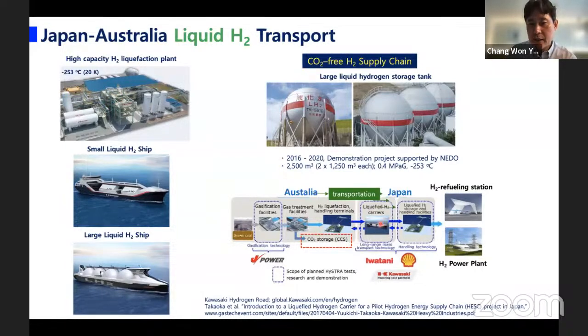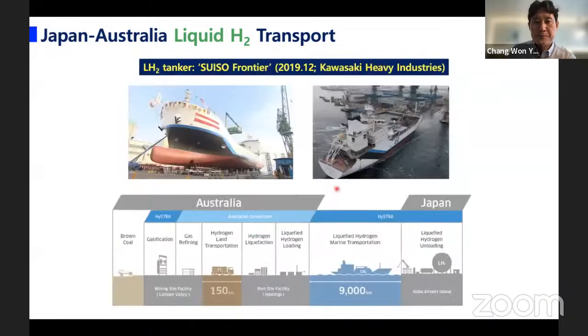Then the liquefied hydrogen will be transported on a small hydrogen ship to Japan. And in Japan, the hydrogen will be used for hydrogen refueling stations and or a hydrogen power plant. So that's the plan, and the project is going on.